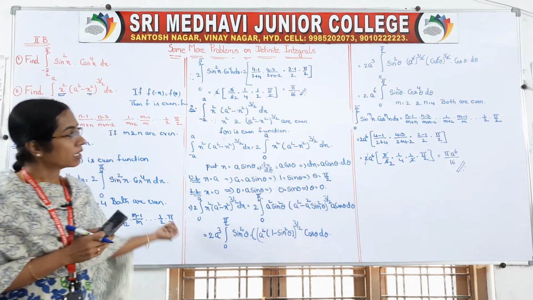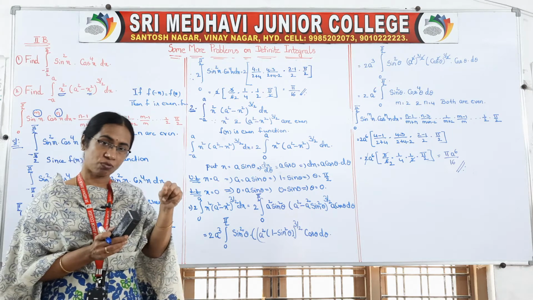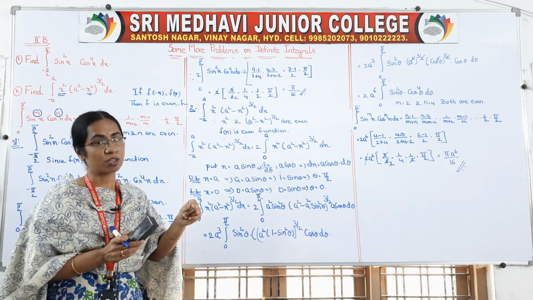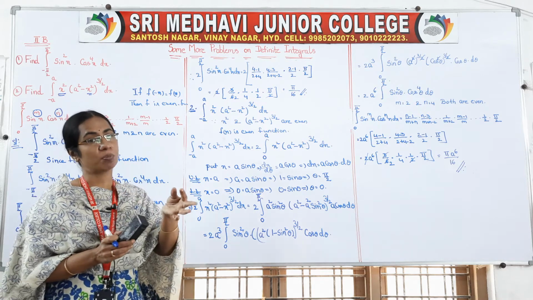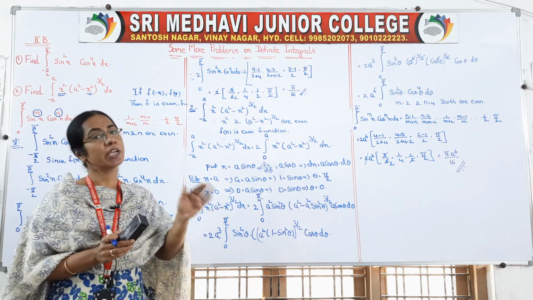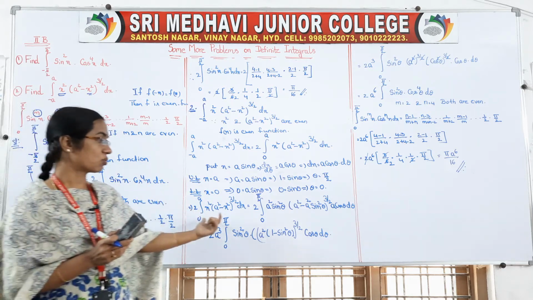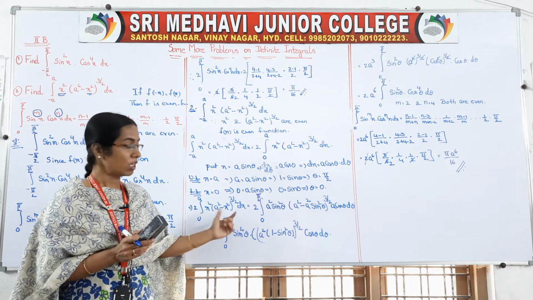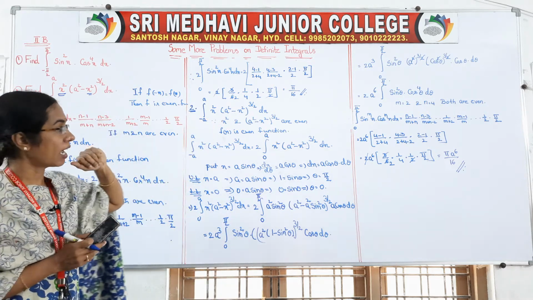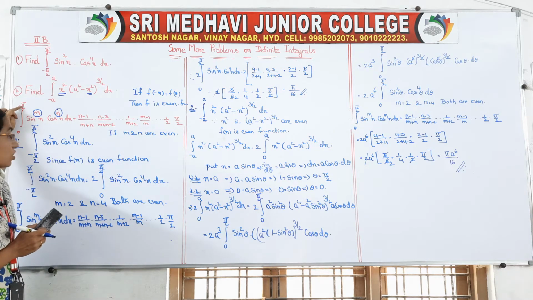Okay. But in these problems one thing you have to remember: whenever we go for substitution, instead of x we have taken some other value, which means we are changing the problem into another form, so we have to change the limits also. Once the limits are changed, then you start doing your problem. So after the simplification we got it into this formula form, integral 0 to pi by 2.